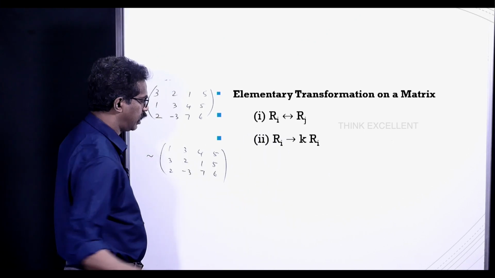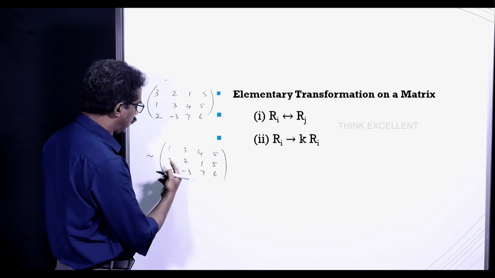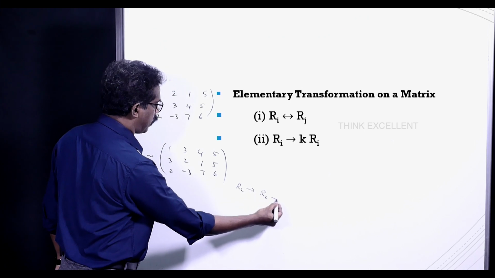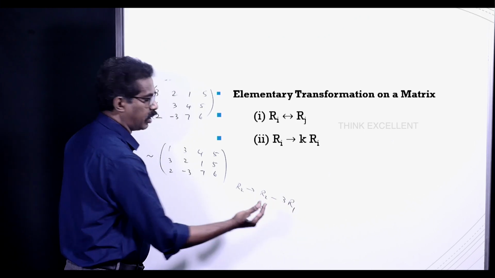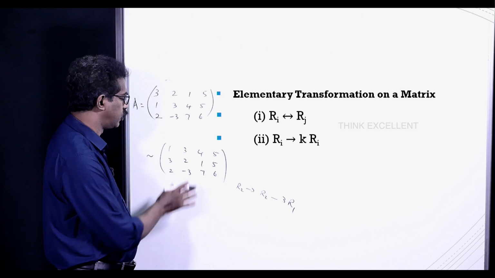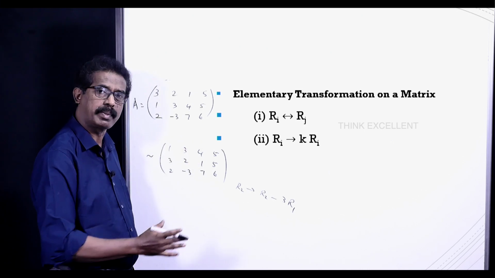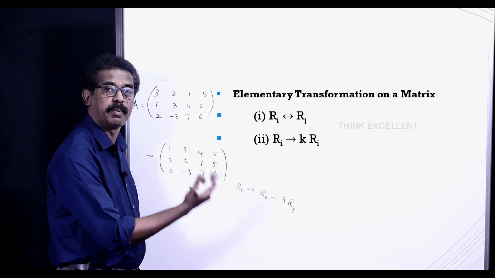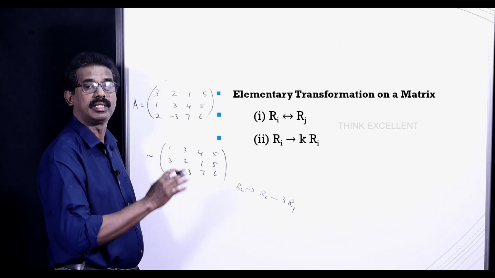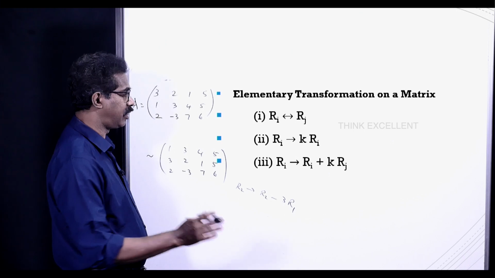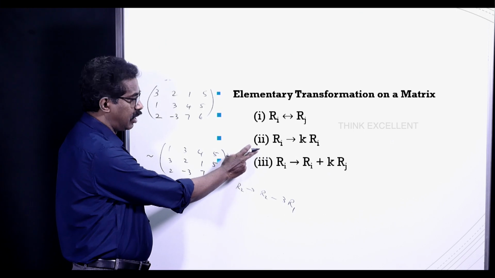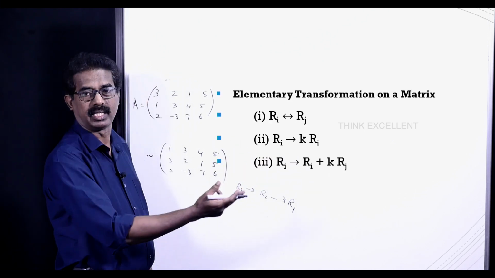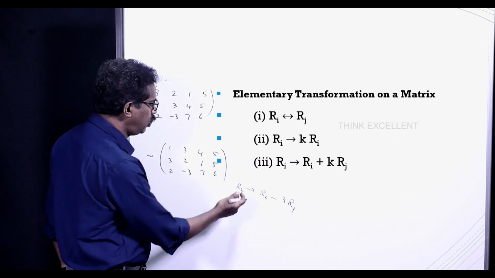For example, second row is equal to second row minus 3 times R1. These types of transformations, 2 rows added, 2 rows subtracted, or multiplied by some number and added or subtracted, are all allowed. This is the third transformation: Ri is equal to Ri plus K Rj. Ri, Rj, 2 rows. That's all.